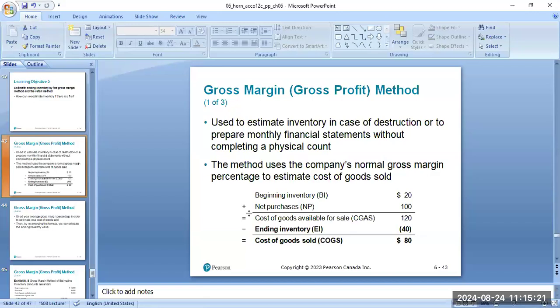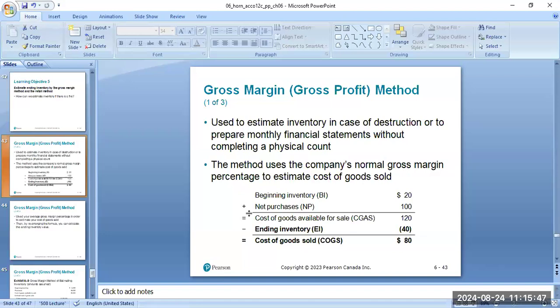This method uses the company's normal gross margin percentage to estimate the cost of goods sold. How are we going to do this? First, we're going to get the beginning inventory. We're going to have that available. Second, we're going to get the net purchases. We're going to come up with the cost of goods available for sale.